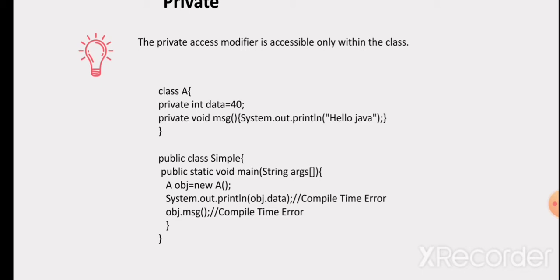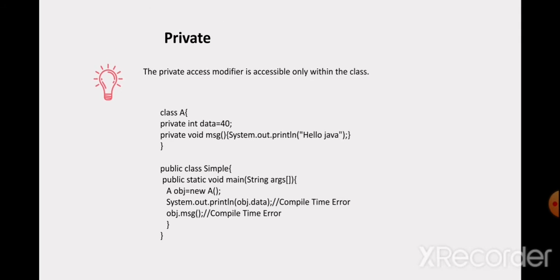Because the members data and msg are known only in class A. In the definition we told you that the private access modifier is only accessible within that class, but I am calling it from another class. So it cannot be accessed, because private is the most restricted access modifier.